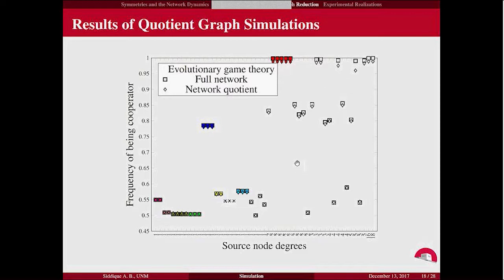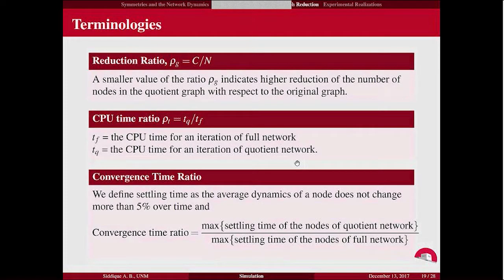Now I'd like to mention some advantages we can get from this quotient graph simulation. For this, I'd like to introduce some terminologies, because we describe the advantages in terms of them.